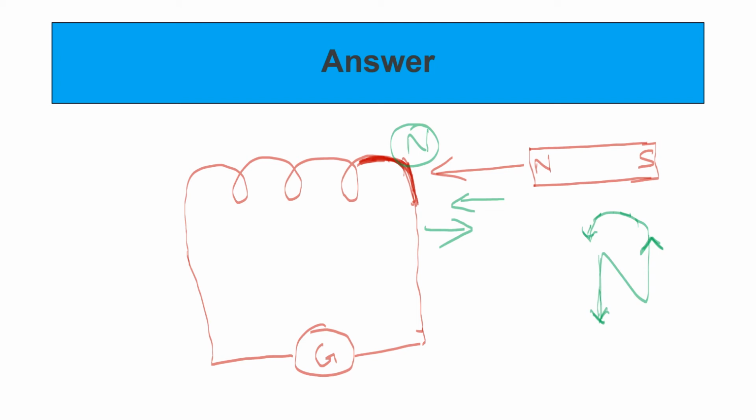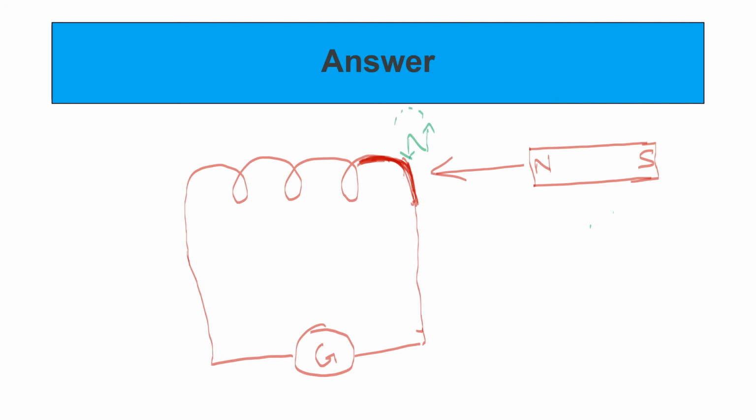If it is south polarity, you must put the arrow mark at the tip of S, then that indicates clockwise direction. Here in this first case, the polarity is north pole, therefore the direction will be anti-clockwise.